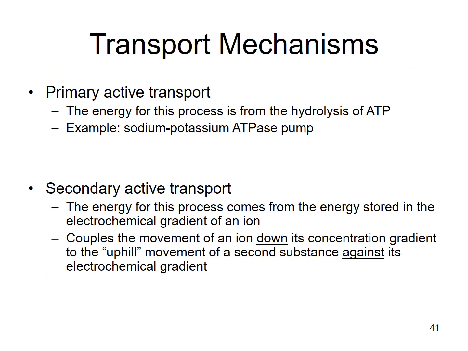The primary active transport is the sodium-potassium ATPase pump, and we've talked about that a great deal in AMP1, so you basically know what's going on there. But the transport mechanism that the ATPase pump sets up is the secondary active transport. Again, the secondary active transport results because you've set up a lower concentration of sodium in that tubular cell.